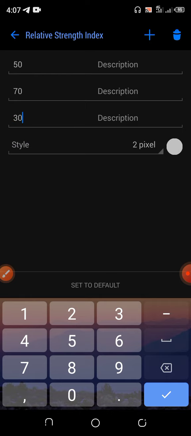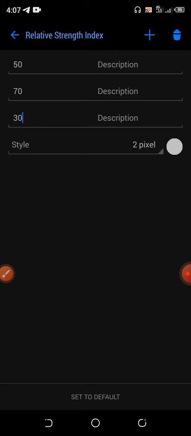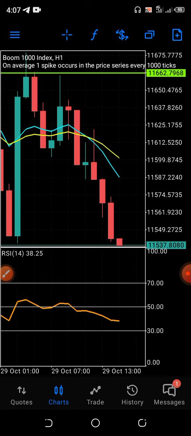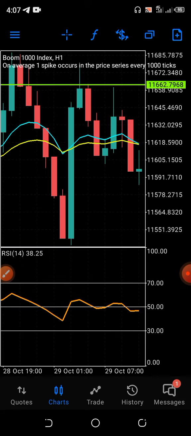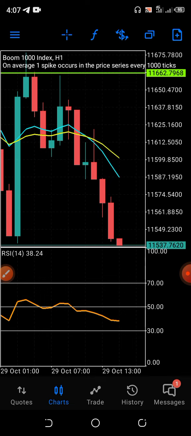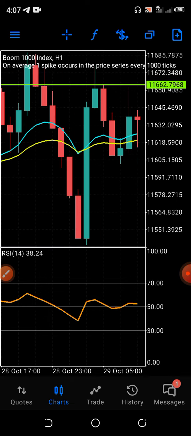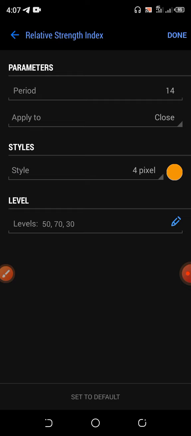The default period for it is 14. Get this, please, because I want you to make money. The default settings on the parameters is 14.